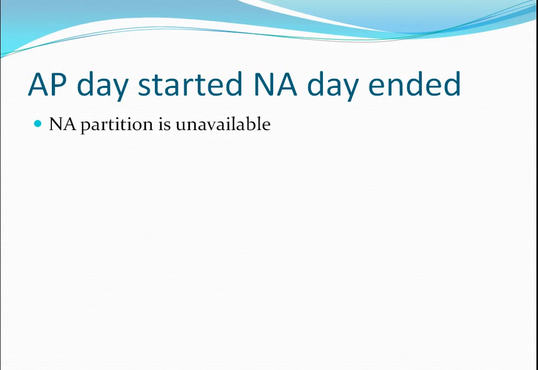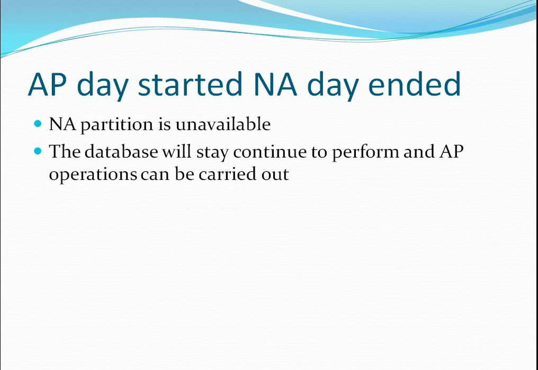But if your transaction table is partitioned on region, even though the NA partition is unavailable, you can still go ahead and continue to perform your operations, as long as you don't try to access data that belongs to the NA partition.